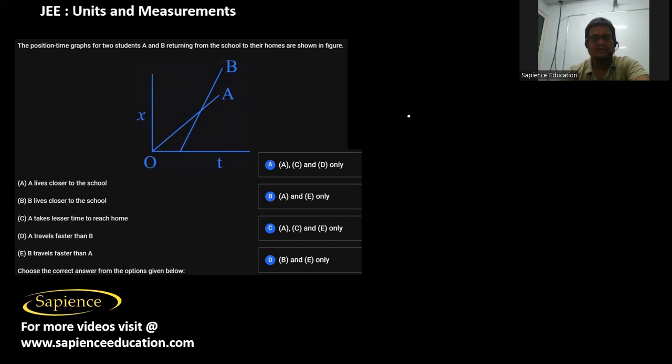So here, as you can see, the slope of the position time graph gives the velocity.